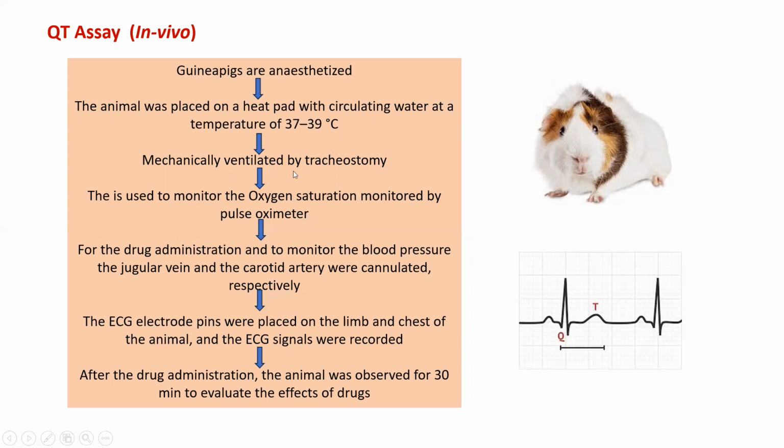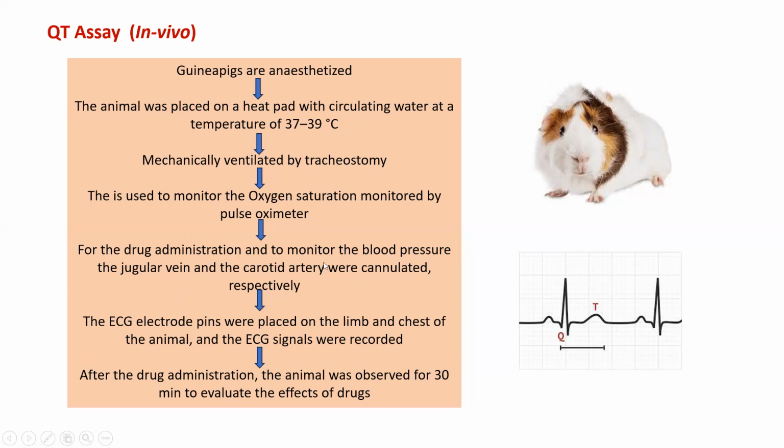Then mechanical ventilation is provided by tracheotomy, and oxygen saturation is monitored by a pulse oximeter. To administer the drugs and monitor the blood pressure, the jugular vein and carotid artery are cannulated respectively.